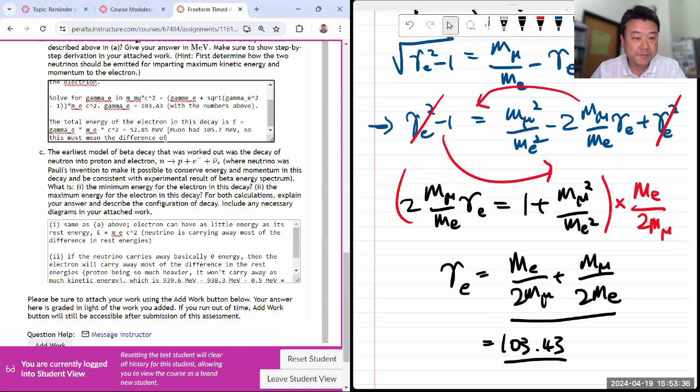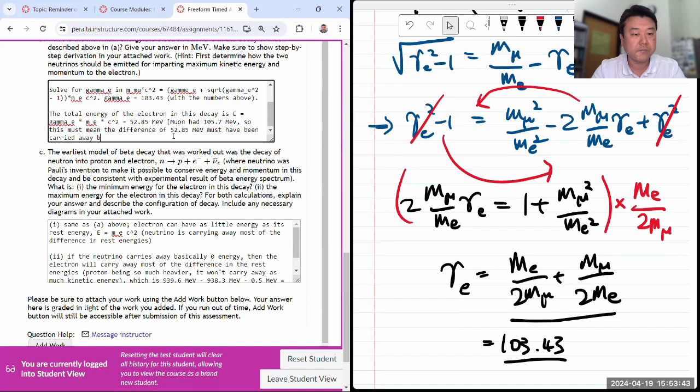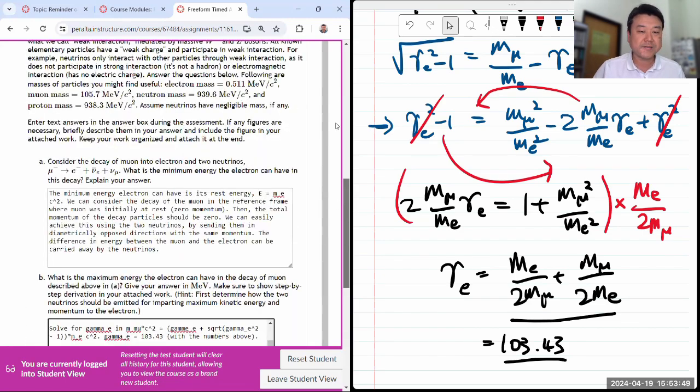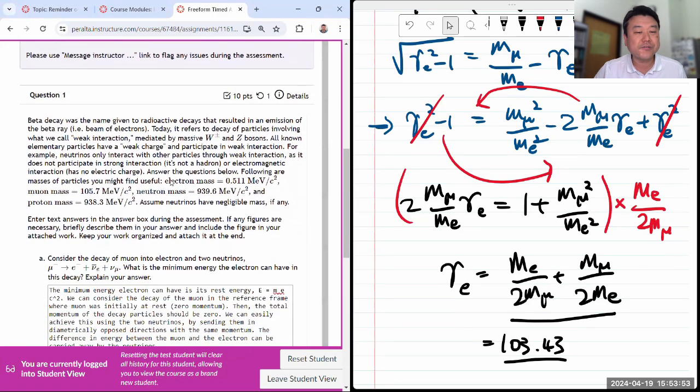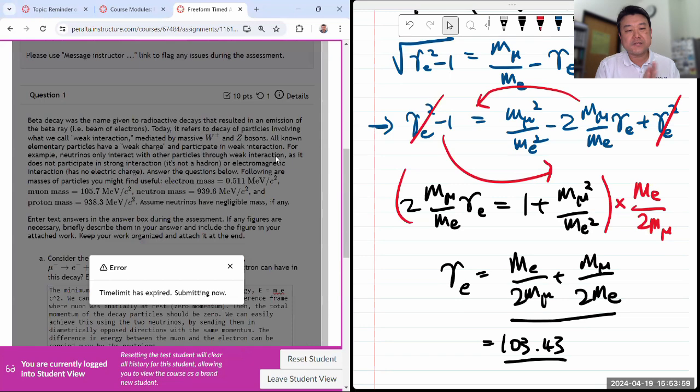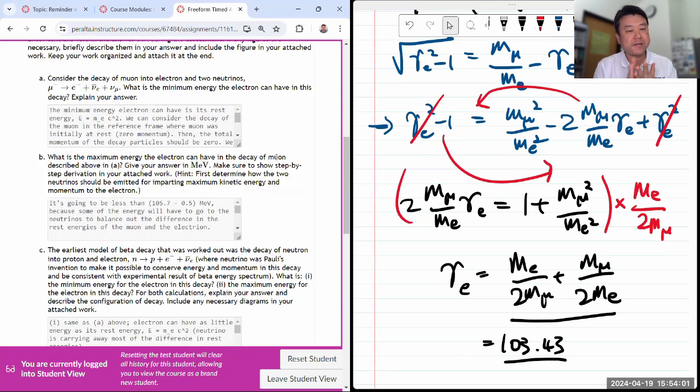Oh, difference of 52.85 MeV must have been carried away by the neutrino. I guess given the massive difference between the two masses, electron is practically massless. I think I could have made that argument to say maximum electron energy is about half of the muon energy. Because, yeah, I think that's what it ends up being.